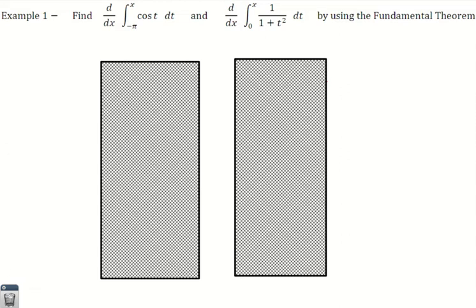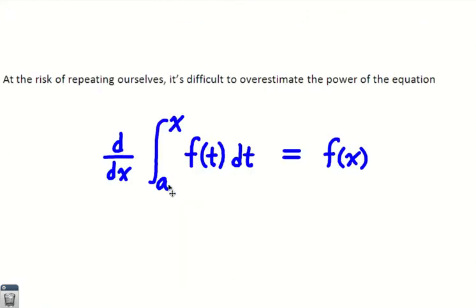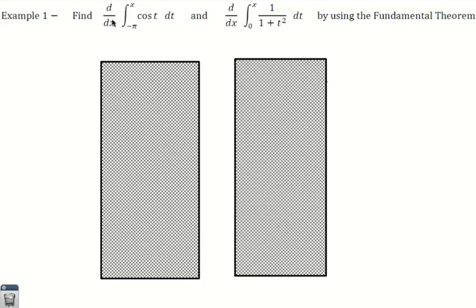So here I go. And this a value right here is just some number. So when it comes to doing the derivative of the integral from negative pi to x of cosine of t dt, the final answer is just supposed to be f of x.